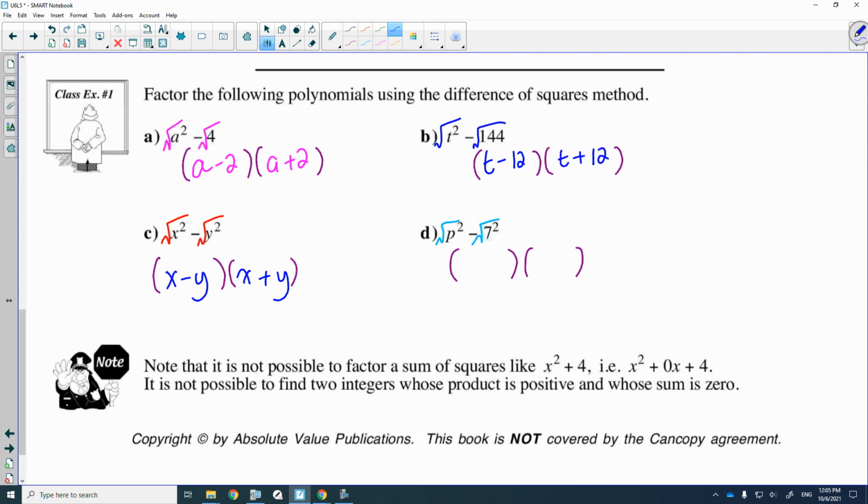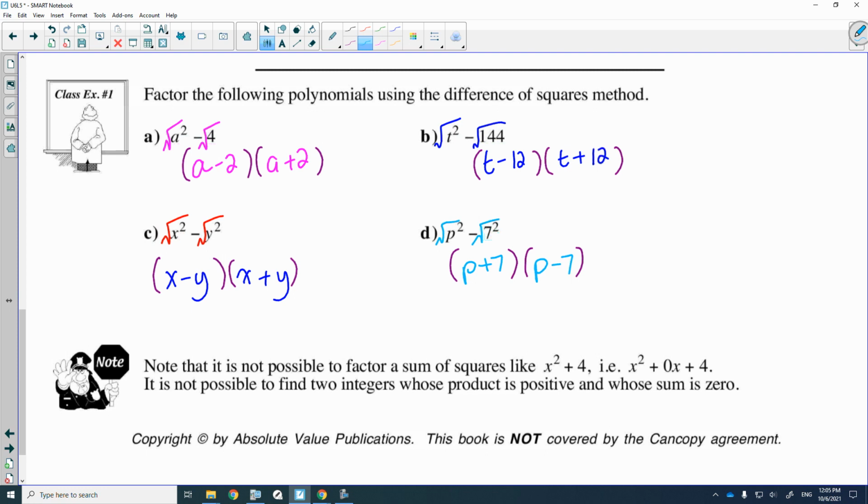And that's correct. And D. Does anybody want to do D? Raise your hand if you want to do that one. McLeet, tell me what you got for that. Yes. Okay, so this one is P plus 7 and P minus 7.